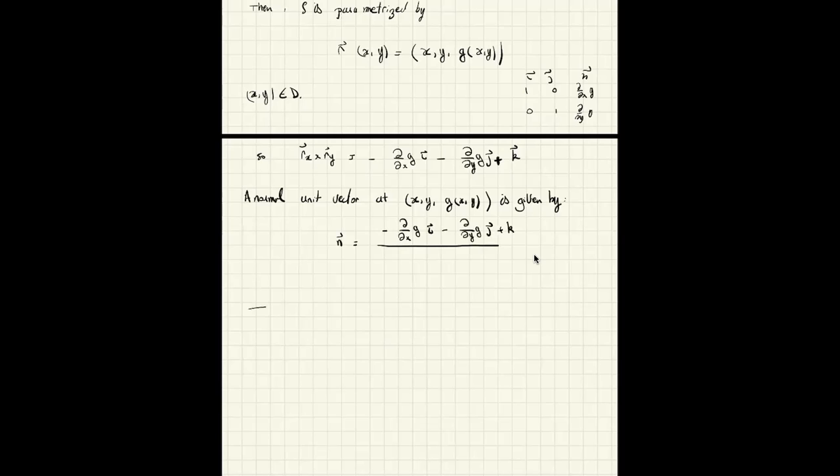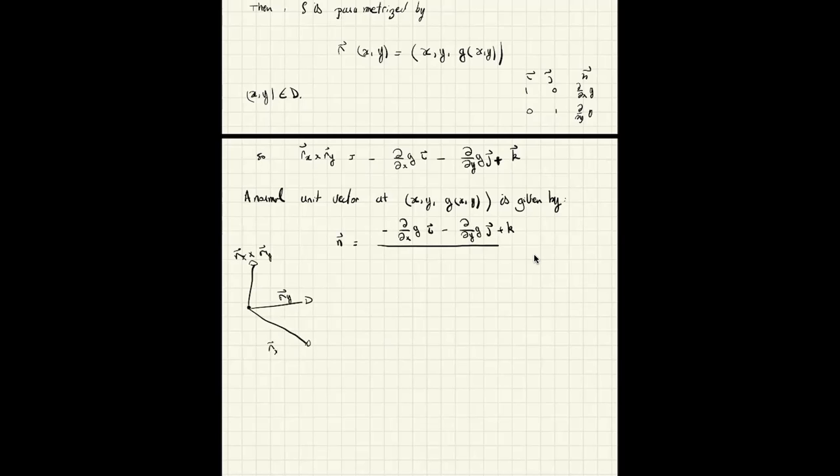Because our x will be on the tangent plane, our y will be on the tangent plane. So when you take the cross product, you're going to get r_x times r_y.